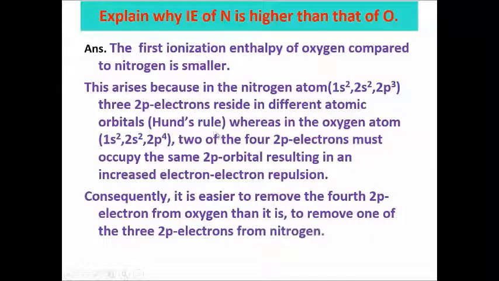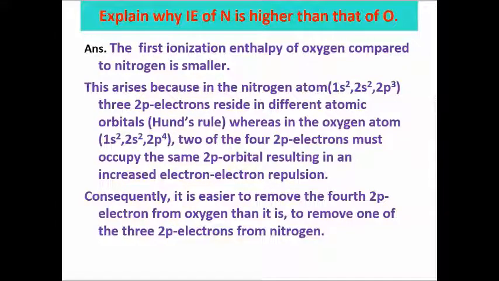Whereas in the oxygen atom, where the atomic number is 8, we write the electronic configuration 1s2, 2s2, 2p4. So the 4 electrons are in the 2p orbital. How will they occupy? In the first orbital, 2px, it will have 2 electrons with opposite spin. 2py and 2pz will have single electrons.